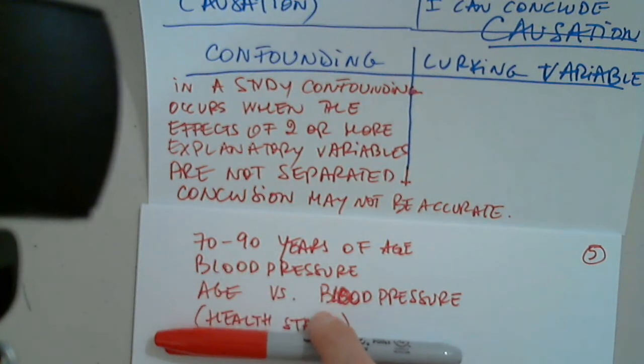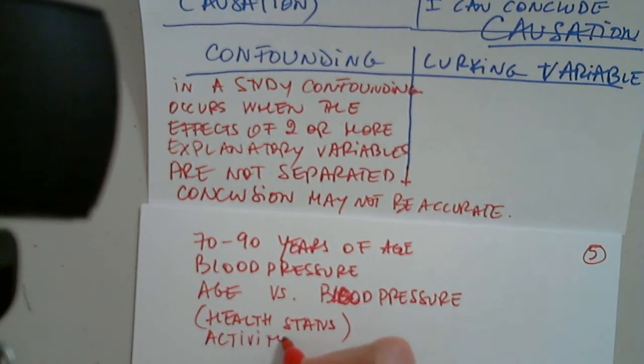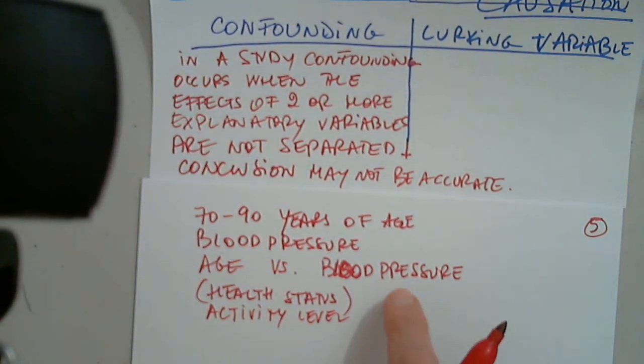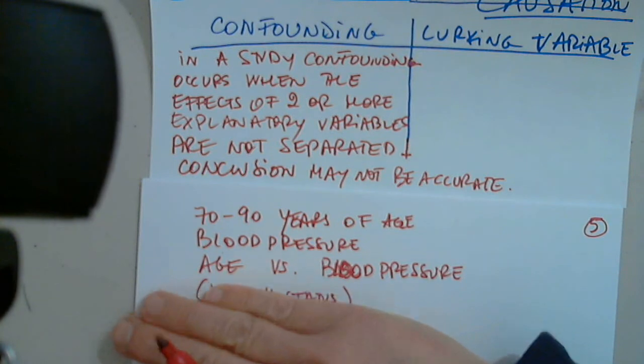No, I can't, because I did not look at the health status, whether they are taking medication for lowering blood pressure, or if they do any activity level. So my study doesn't really mean much, because this can be affected by this, and I did not take them into account.